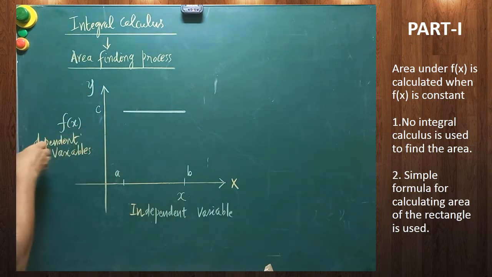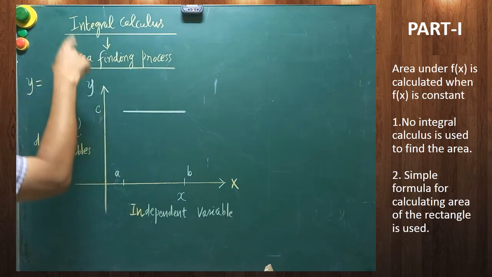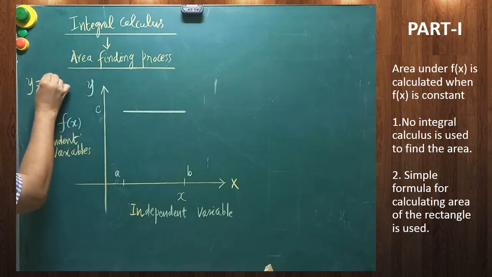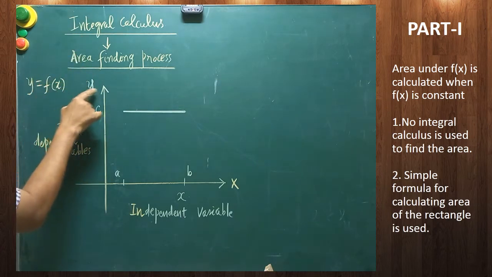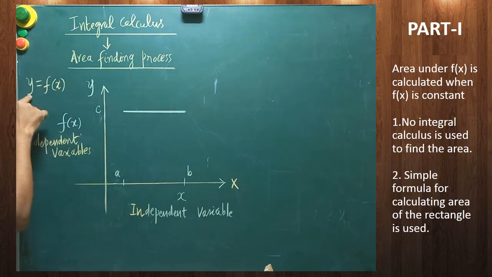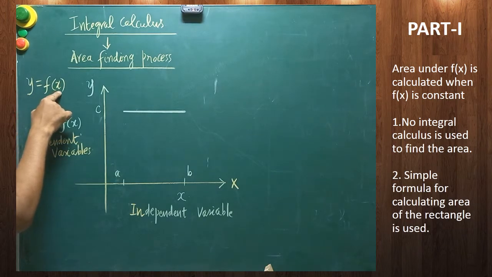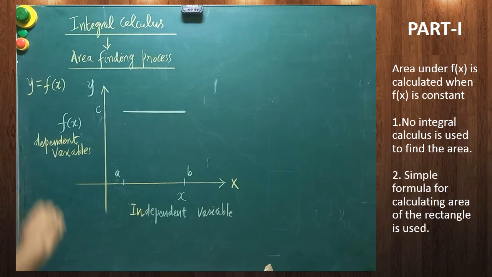That's why this is to be written. Therefore, we can write the y quantities as functions of x, which is nothing but y. In that manner, you have to understand that.